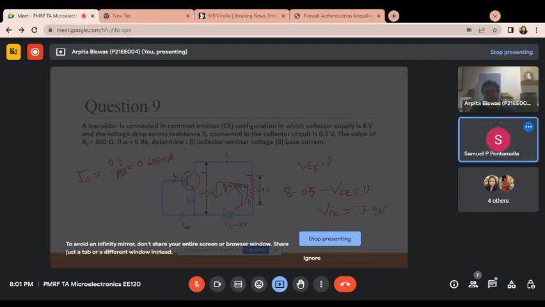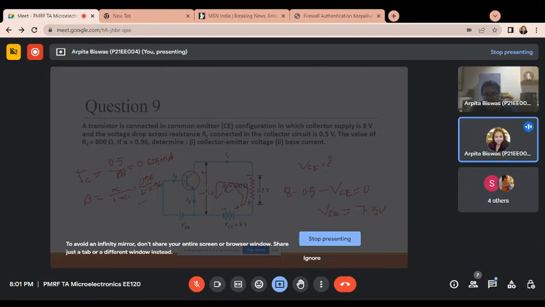Yes, and then you also have to calculate the beta, because we have to find out the IB. So beta equal to alpha by 1 minus alpha, and IB is IC by beta. So here just directly put the value: 0.96 by 1 minus 0.96.